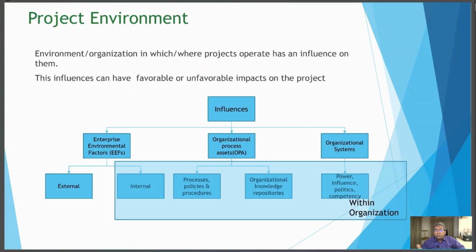Now, considering the definition of the project, and that project environment has some influence on the project, if I categorize the influence, then there will be three types of influence on the project. First one is enterprise environmental factors, then organizational process assets, then organizational system.